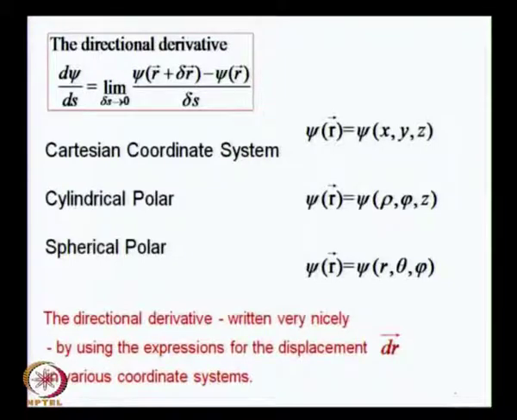It is very easy, because you know how to express the position vector in any coordinate system, whether Cartesian or cylindrical polar or spherical polar, and in any of these coordinate systems, if you develop the expression for the displacement vector, you can automatically get the expression for the directional derivative by using vector algebra and vector calculus, and it is in the use of vector calculus that the vector derivative operators will come in, which is our gradient operator, which is what I am now about to introduce.